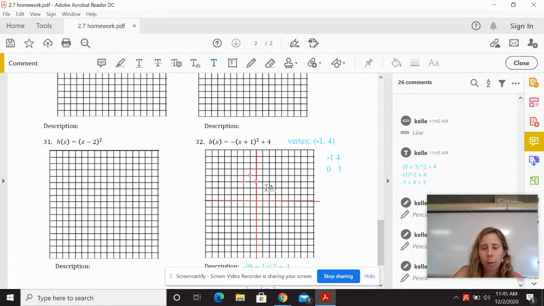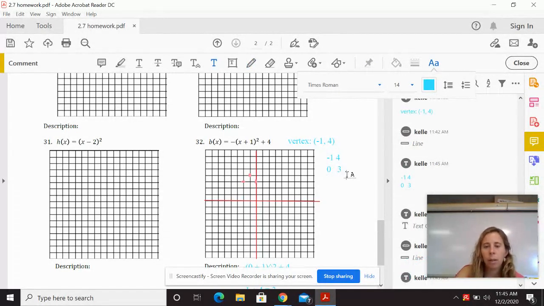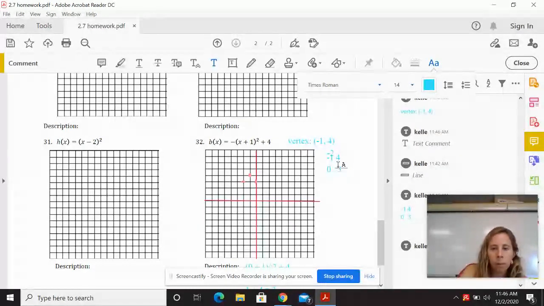But it has to be symmetrical. So that is -2 and 3.